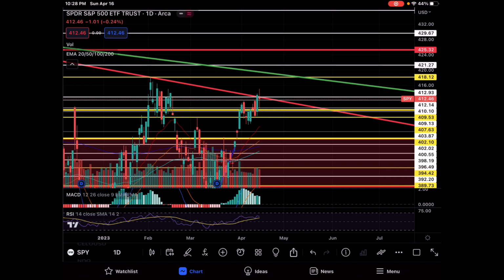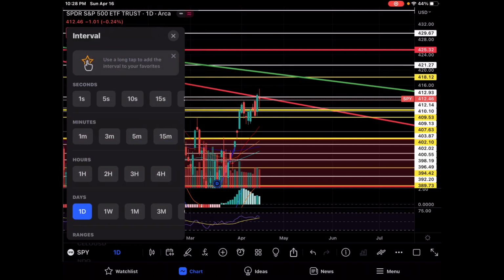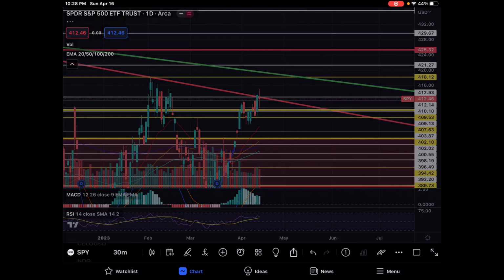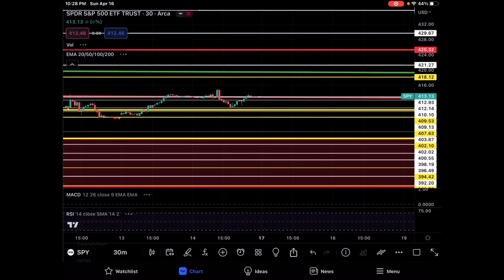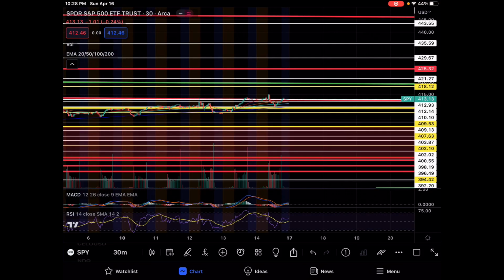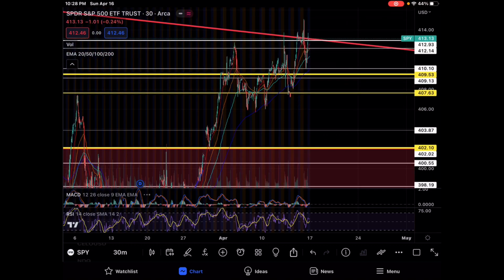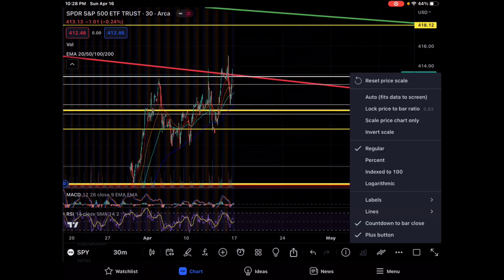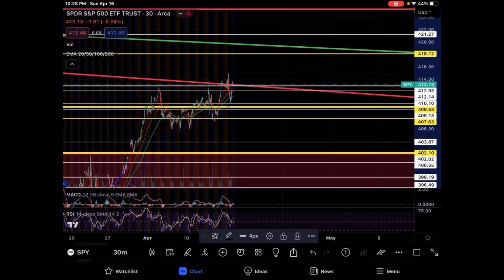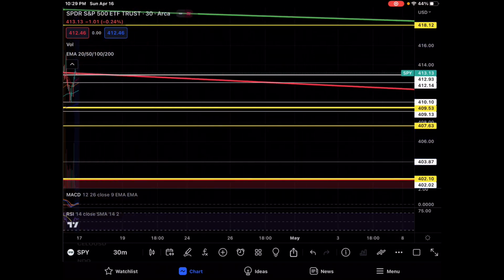Definitely in those lower time frames, when I look at the 30-minute, I do see a possibility of us breaking down. And when I look at the higher time frames, I still see a possibility for cooling and flagging and then a break up.